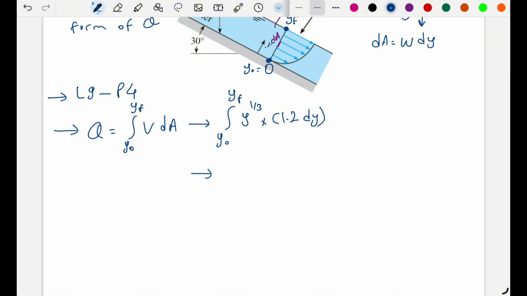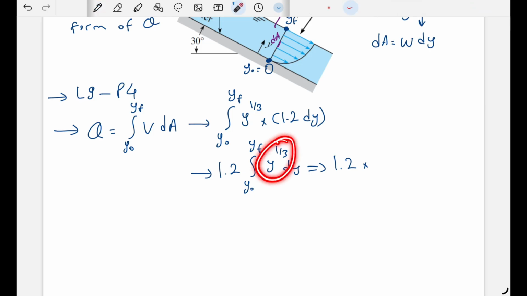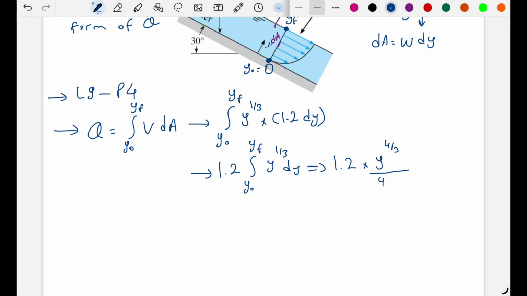If we integrate this, and if we leave this alone, we will get 1.2, and we have y to the power of 1 over 3. So it will be y to the power of 4 over 3 divided by 4 over 3.